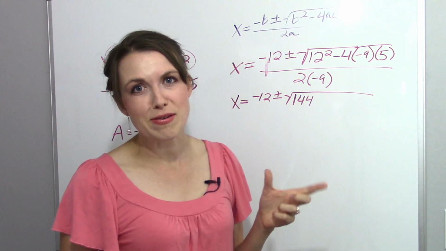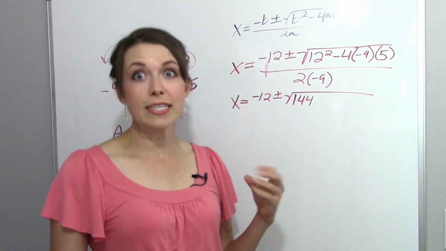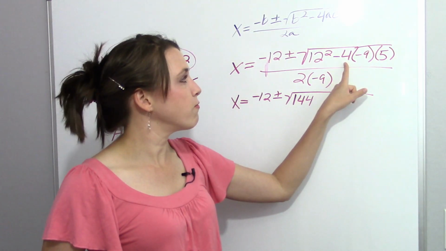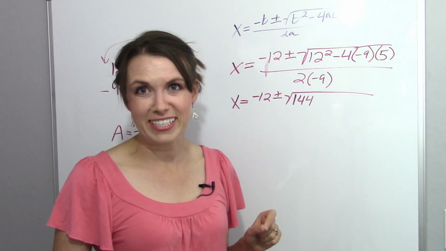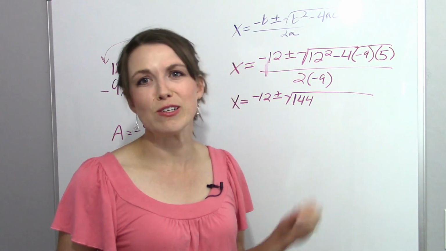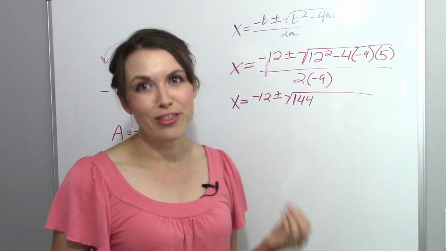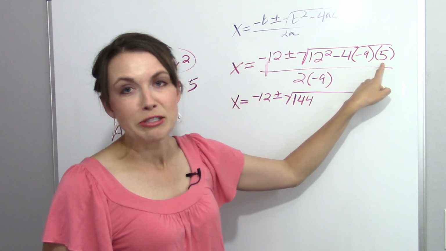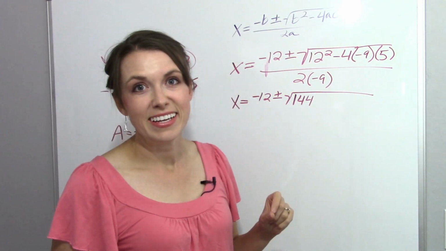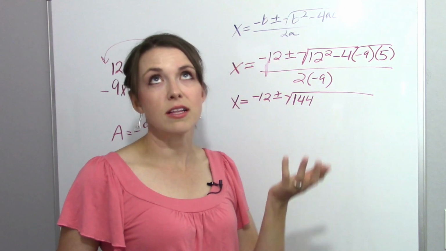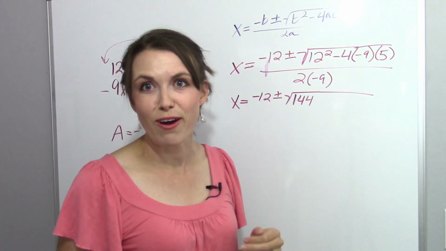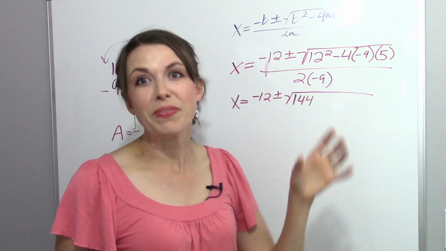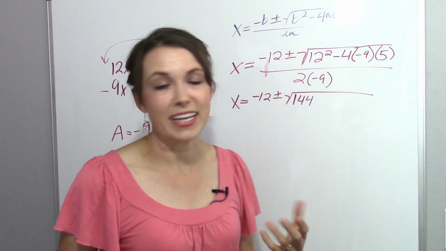So what I like to do is simplify this to easier numbers. I know that 4 times 5 is 20, and 20 is a lot easier for me to multiply than 36. So 4 times 5 is 20. 20 times 9 is basically 2 times 9 and add a 0. So that's 18 and add a 0, 180.